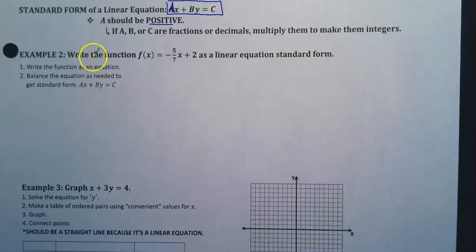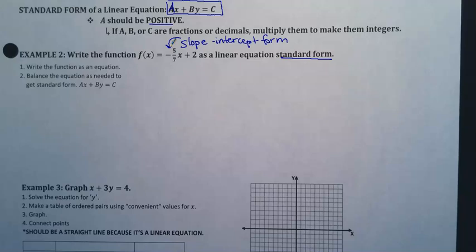It says, write the function f of x equals negative 5/7 x plus 2 as a linear equation in standard form. Okay, so we want to write it in standard form. Currently, this is called slope-intercept form.